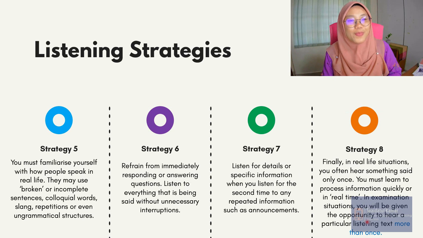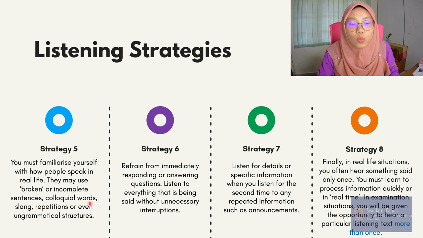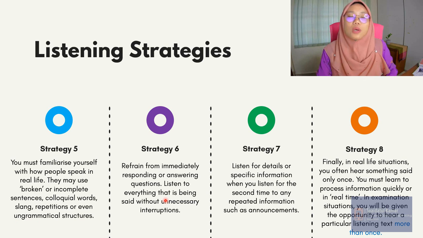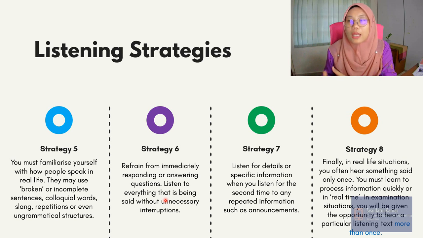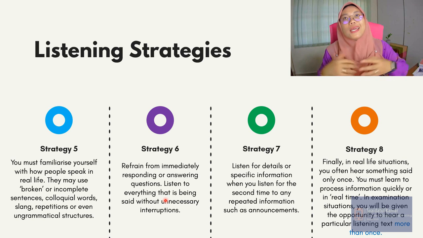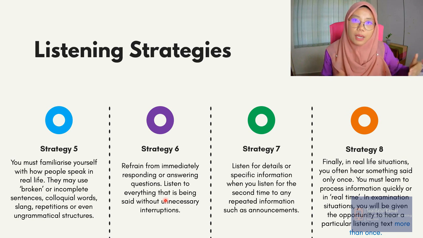Okay, next, you have to familiarize yourself with how people speak in real life. They may use broken or incomplete sentences, colloquial words, slang, repetitions, or even ungrammatical structures. So sometimes when you listen to stories from your friend, they won't necessarily explain it to you in an organized manner.